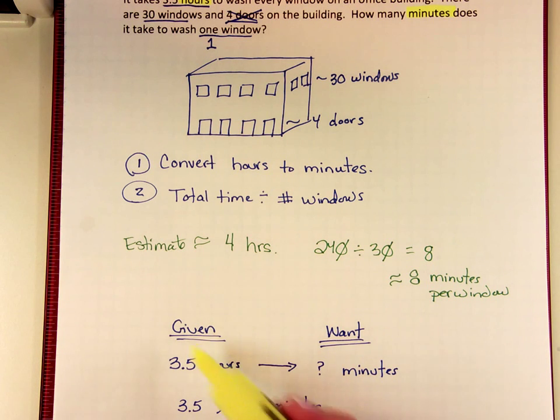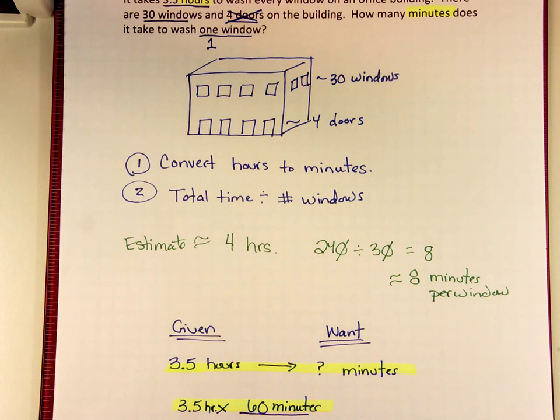I was given 3.5 hours, and across the same line, I wanted to know how many minutes. Do I still have 3.5 hours and 60 minutes on the same line? I do. 3.5 hours and 60 minutes are still on the top. On the denominator, I just have 1 hour.